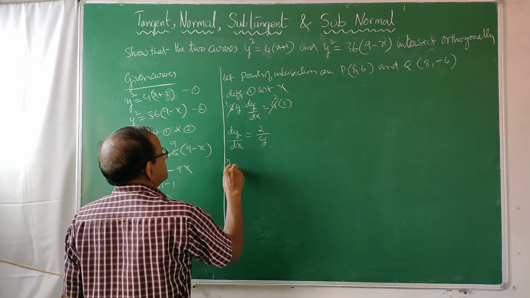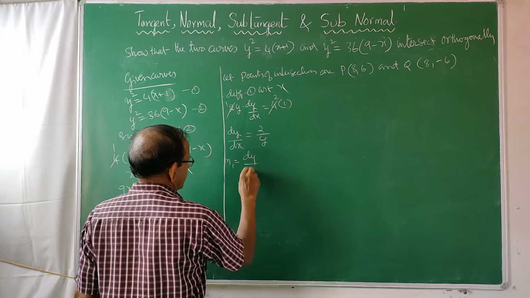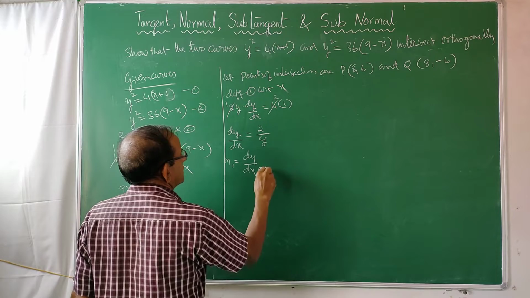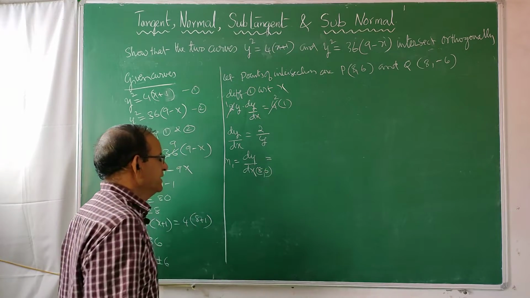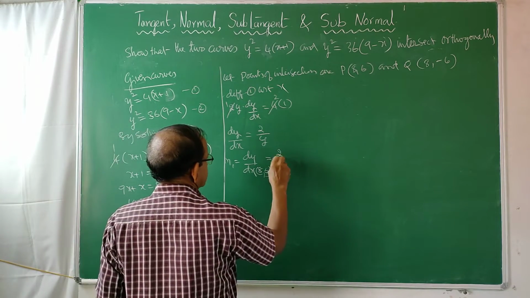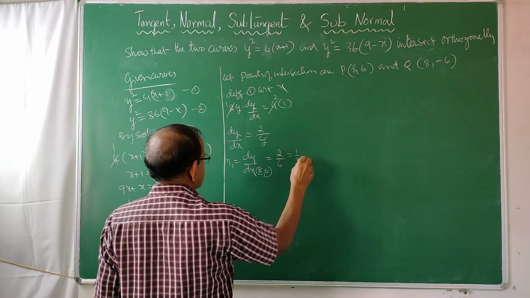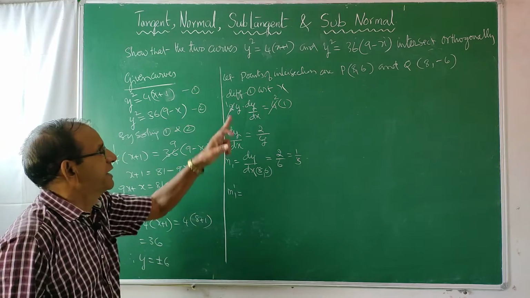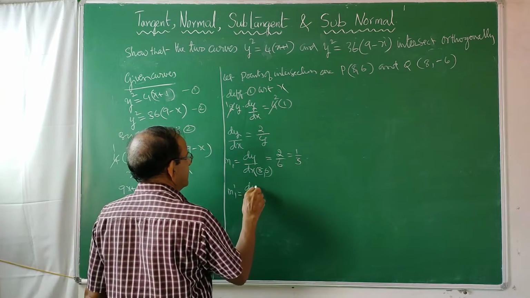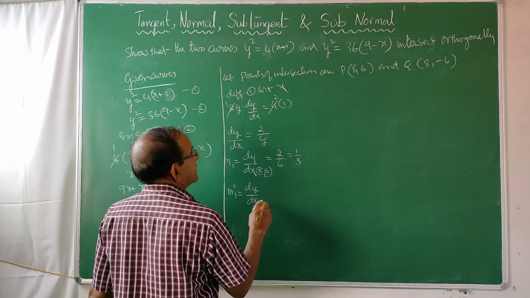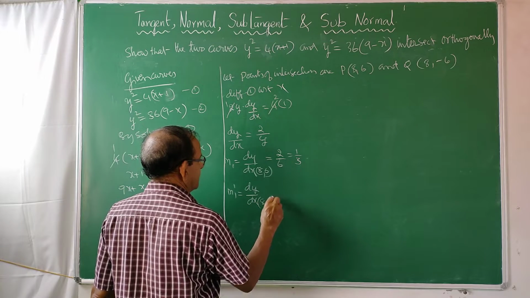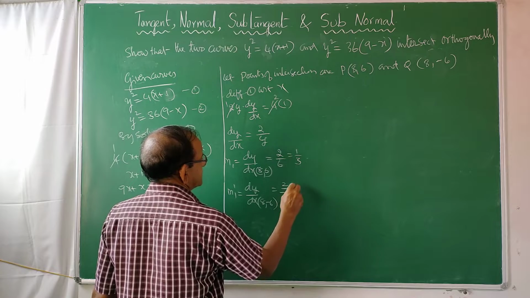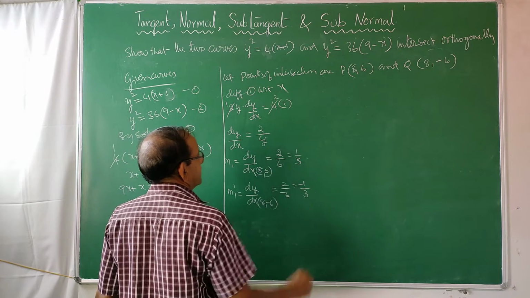Now m1 is dy by dx at first point 8 comma 6. Put x is equal to 8 and y is equal to 6. That is 2 by 6 equal to 1 by 3. m1 dash for the same curve at the second point Q, dy by dx at 8 comma minus 6. In place of y you have to write minus 6. 2 by minus 6, that is minus 1 by 3.